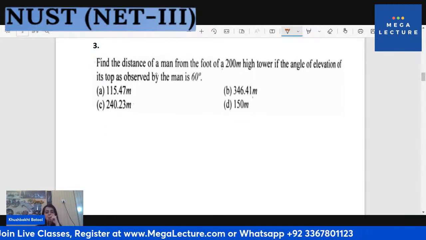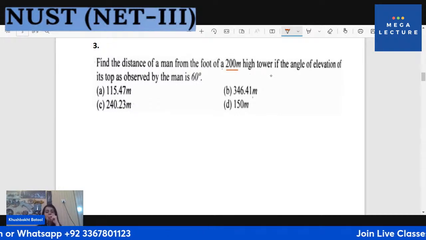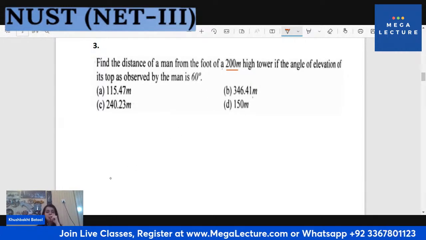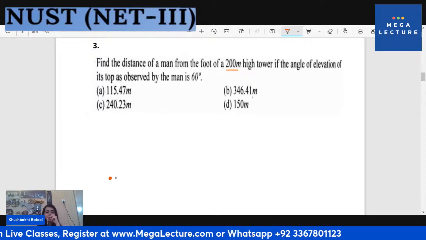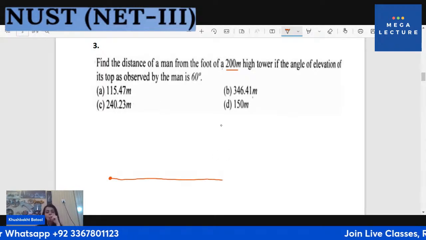Find the distance of a man from the foot of a 200-meter high tower if the angle of elevation of its top as observed by the man is 60 degrees. Okay, so there is a man right here, and we need to find the distance of the man from a tower.